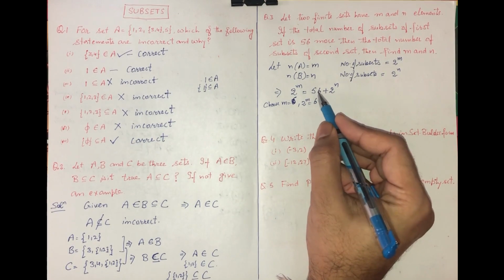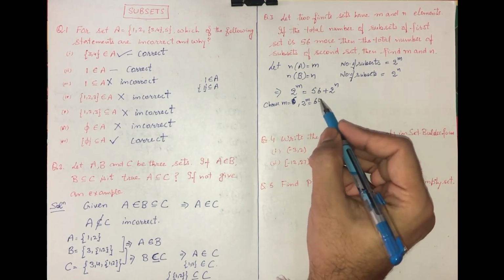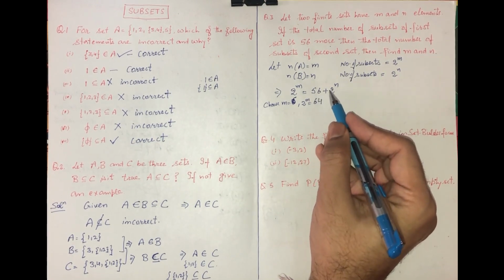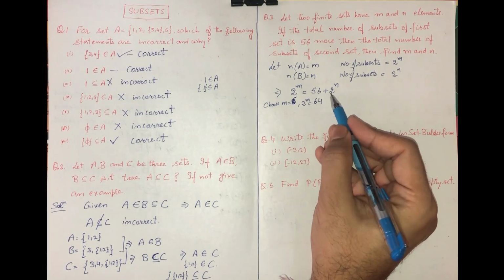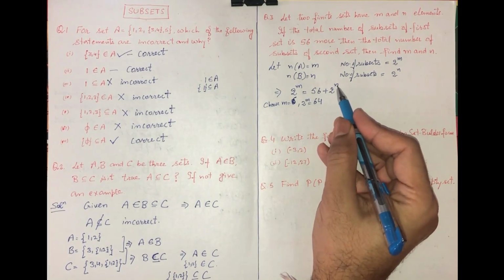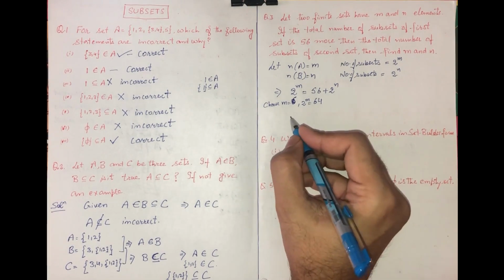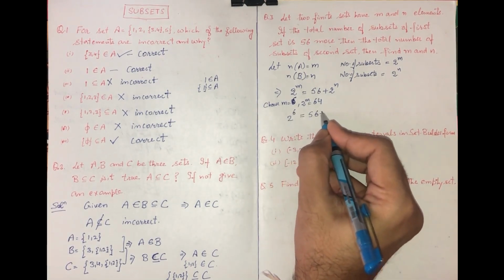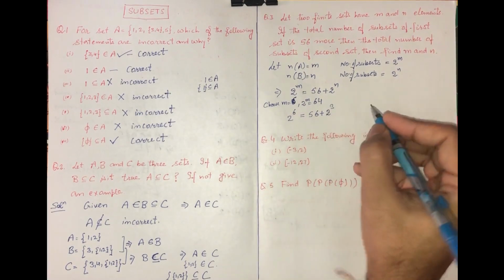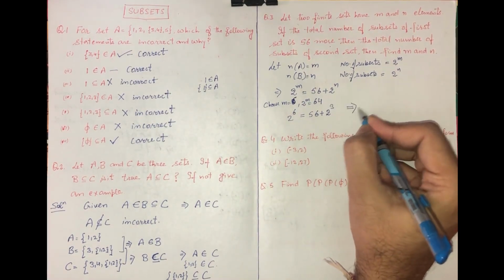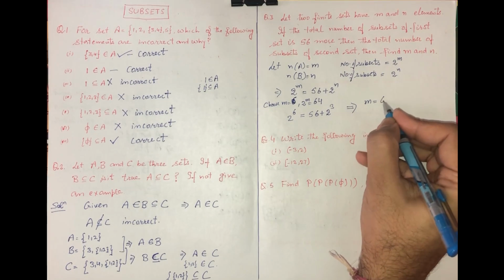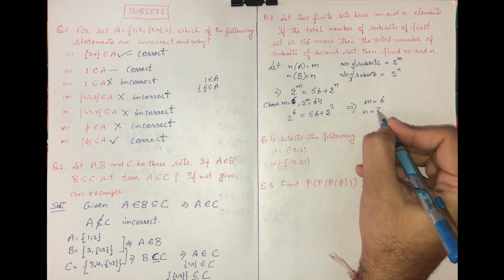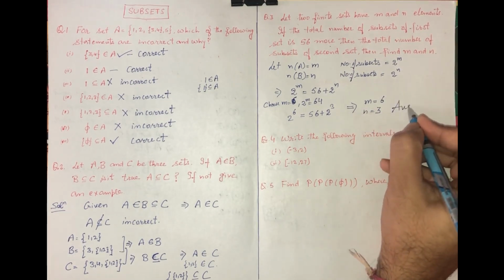How much more than 56? 8 more than 56. So how can we have 2 power N is equal to 8? By choosing N is equal to 3. So this implies 2 power 6 is equal to 56 plus 2 power 3. So from this we have M is equal to 6 and N is equal to 3. Answer.